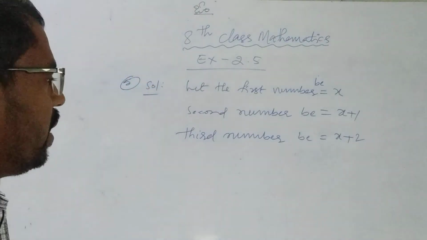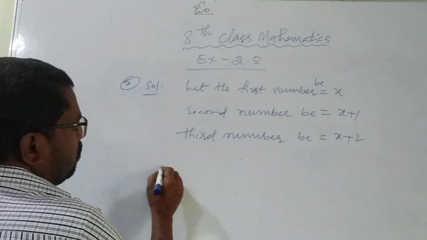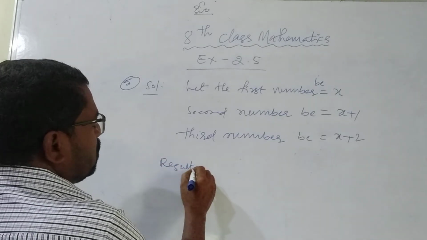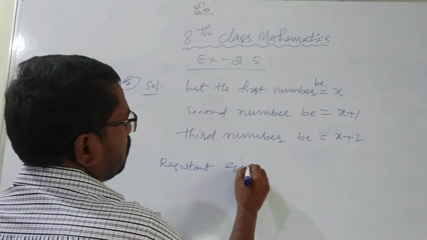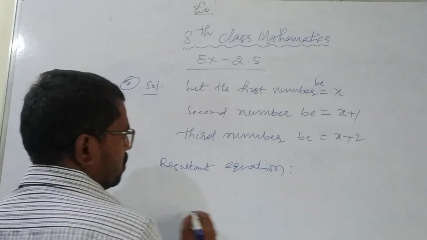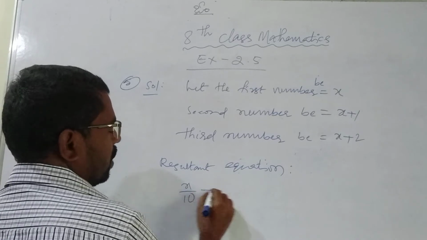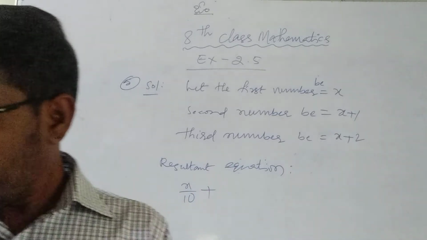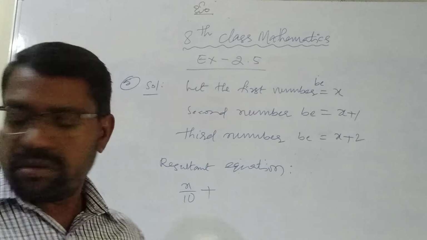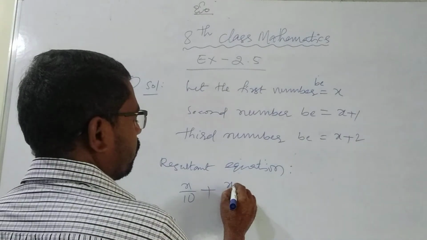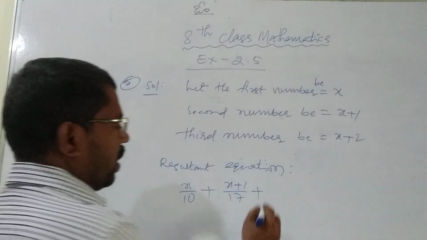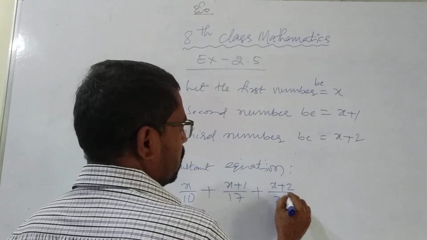So the first one is divided by 10. The resultant equation is x by 10 plus x plus 1 by 17 plus x plus 2 by 26.